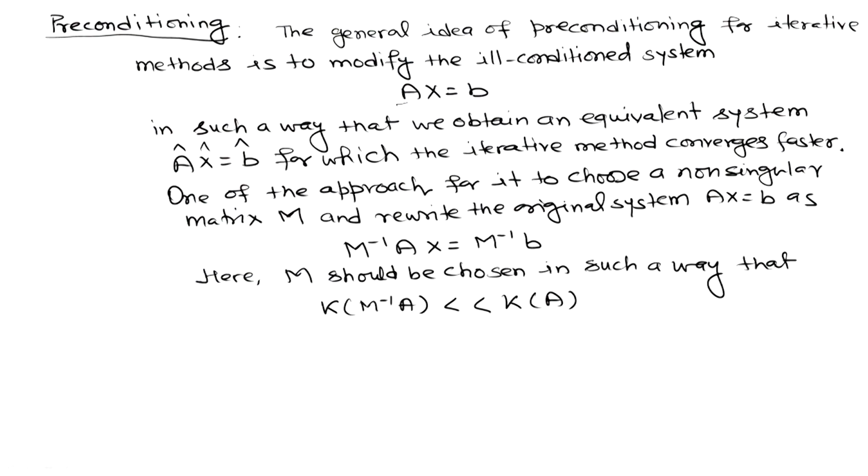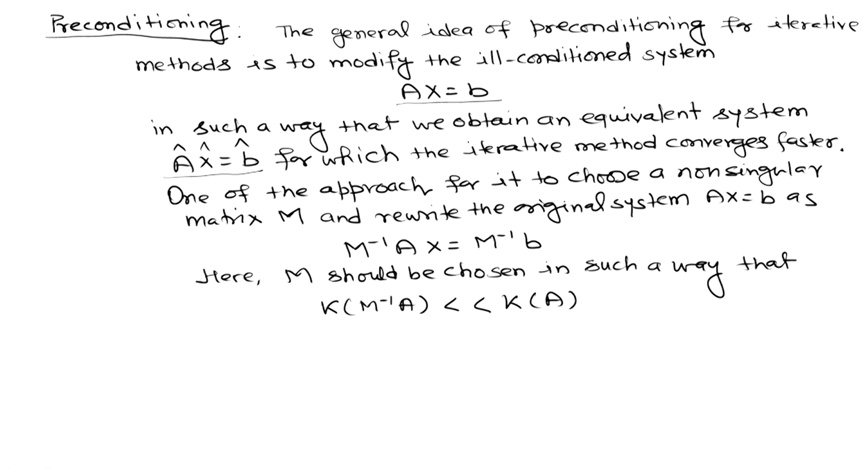Now, one problem here: when going from the original system Ax equals b to a new system A cap x cap equals b cap, then for applying conjugate gradient to the new system, the matrix A cap should be symmetric as well as positive definite.